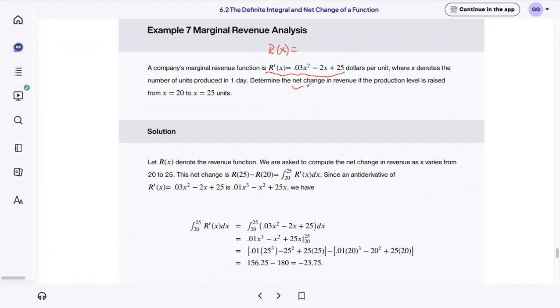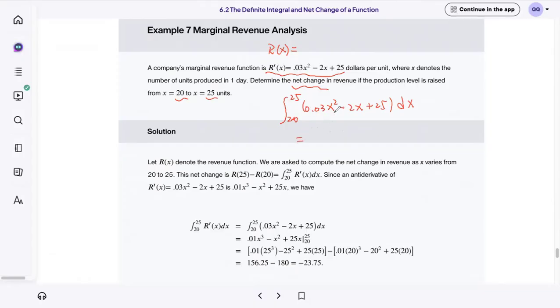We want to determine the net change in revenue if X goes from 20 to 25. So what do we want to do? We want to set up an integral from 20 to 25, and anti-differentiate the marginal function, evaluate at 20 and 25, and subtract them. We set up the integral like this.